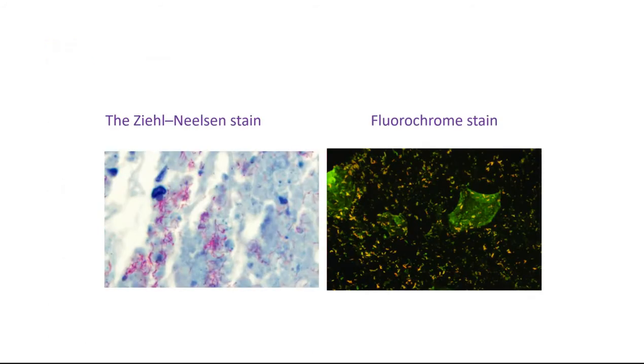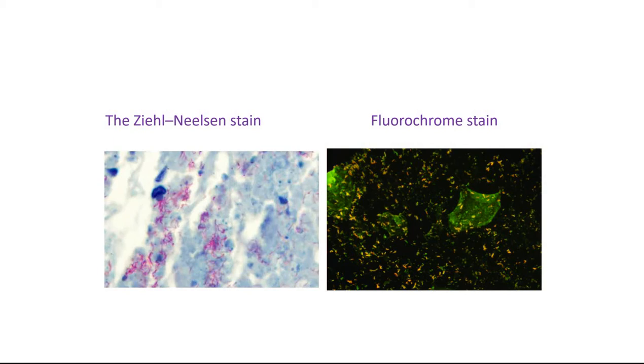And here you can see the picture that you will see in the microscope when you're doing the microscopy. If you use the first type of microscopy with the Ziehl-Neelsen stain, you can see red sticks on the blue background.